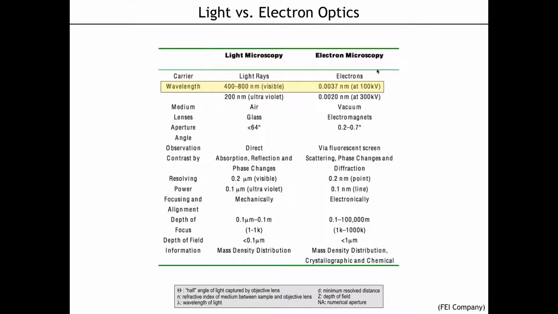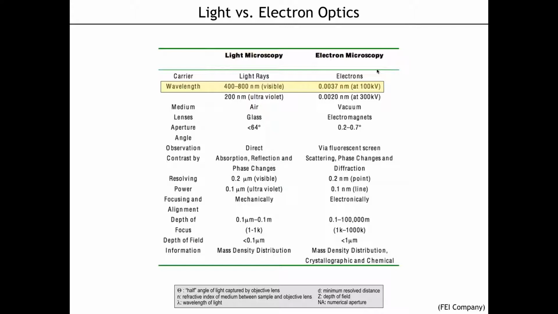The wavelength of electrons is much smaller, about 0.037 angstroms, so about 1/20th of an angstrom. The wavelength of the radiation is what contributes to resolution.